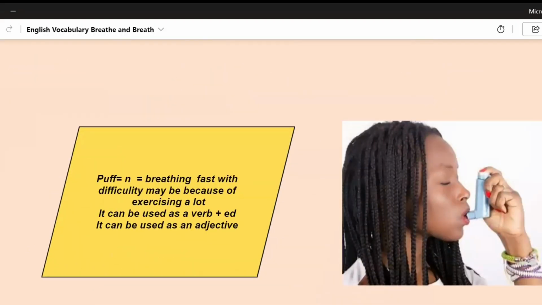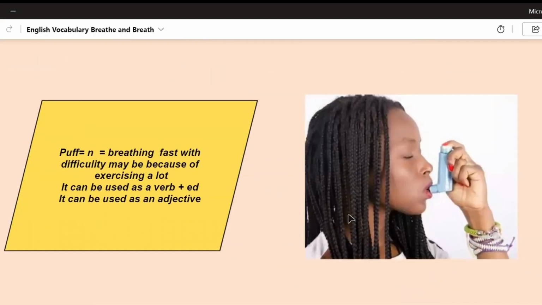Still, we have other words. Puff may be a noun, a verb, or an adjective. What does puff of breathing mean? It means to breathe very fast with difficulty. Maybe someone is ill, so he puffs air inside. She is puffing some air inside because she is ill.